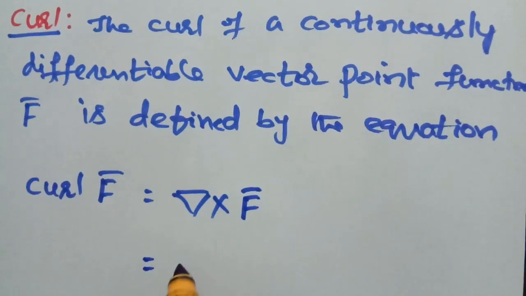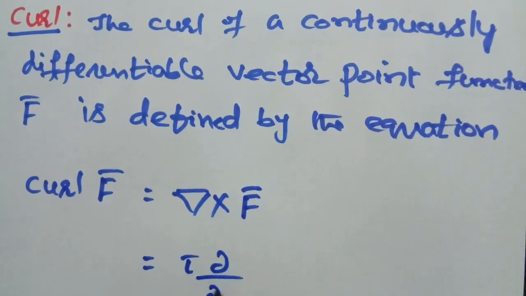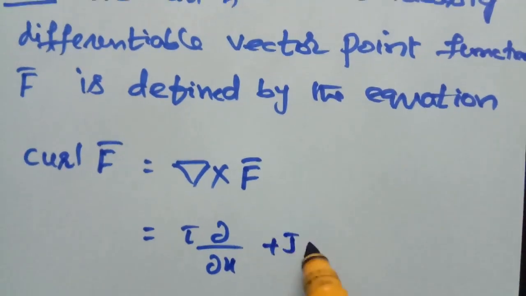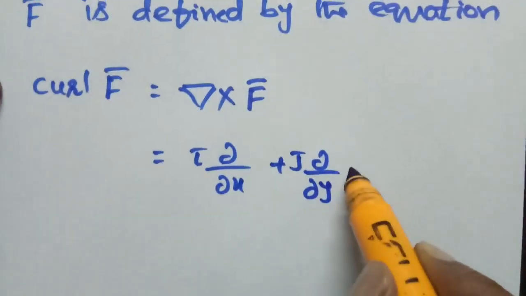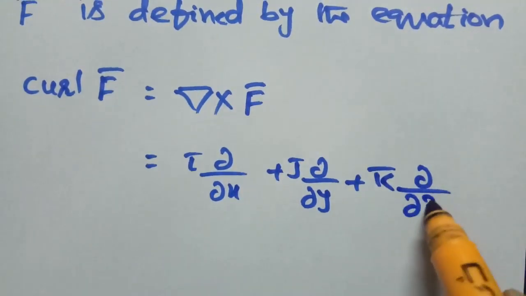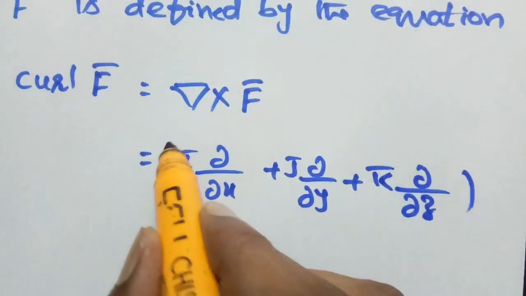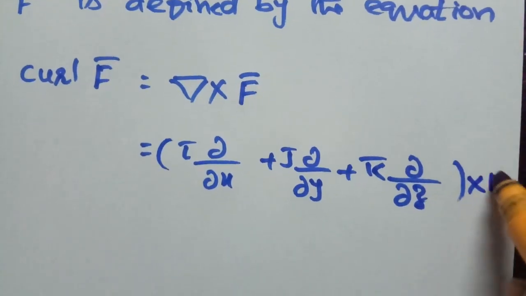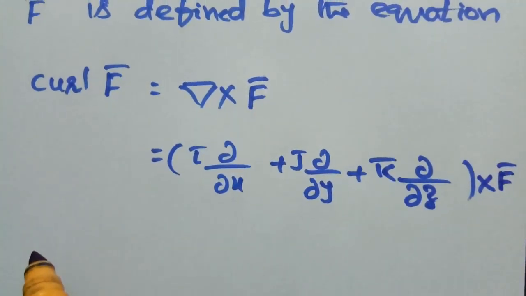We know that del means i bar dou by dou x plus j bar dou by dou y plus k bar dou by dou z, cross f bar.